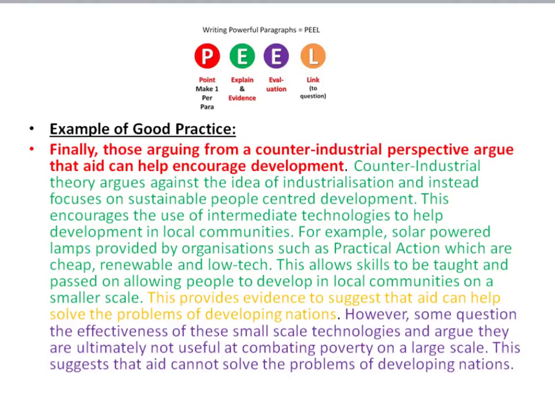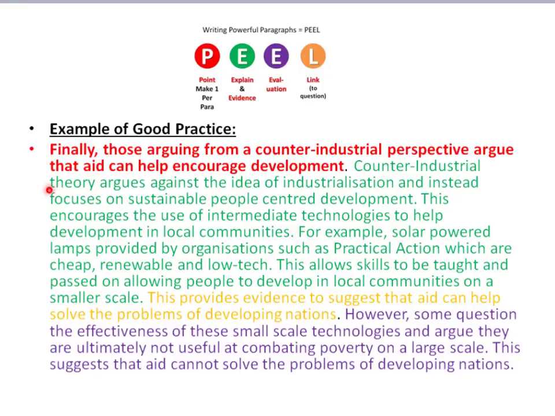So on this slide we can see a paragraph on counter-industrial theory that we could use to help us evaluate the claim that aid cannot solve the problems of the developing world. So if you hit the pause button and read through this answer, you should see that we've got a clear identification of the point that this paragraph is going to make, the fact that we're going to use counter-industrial theory to look at some of the advantages of aid.